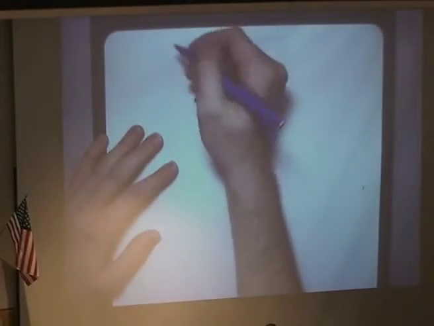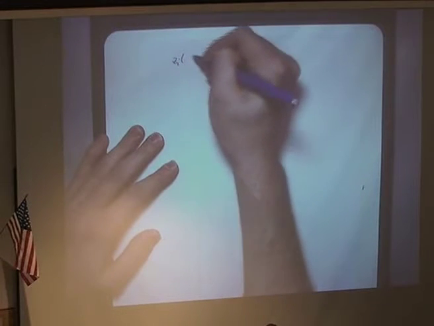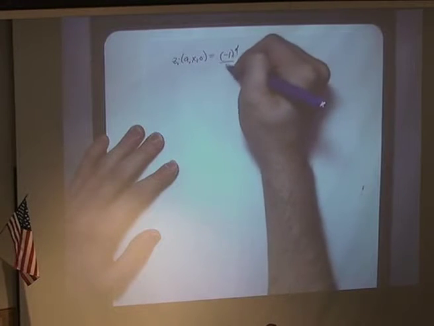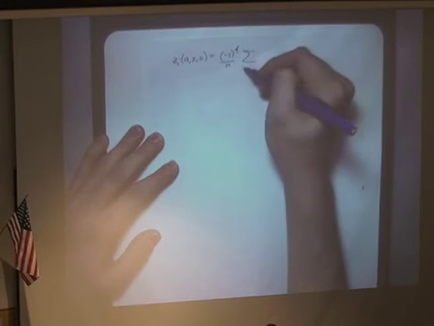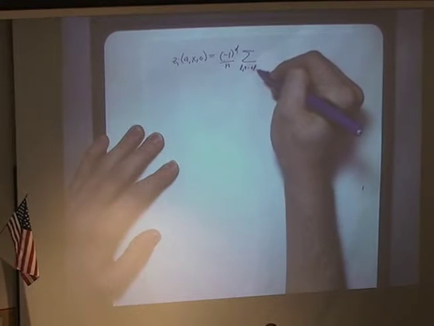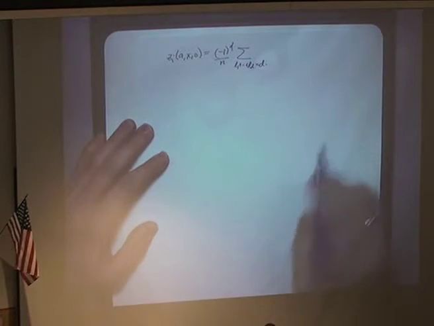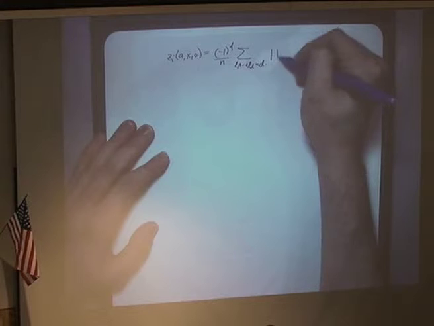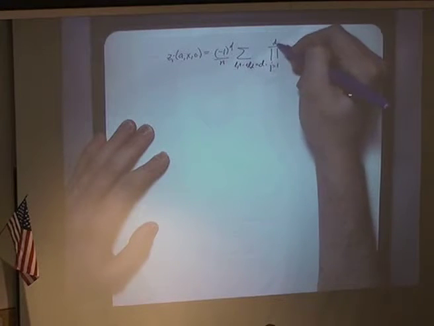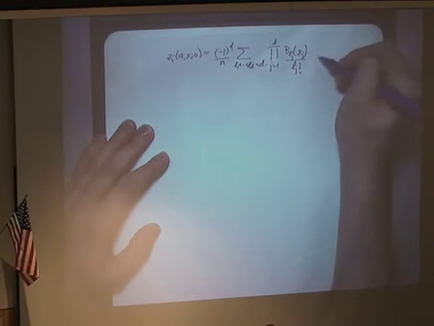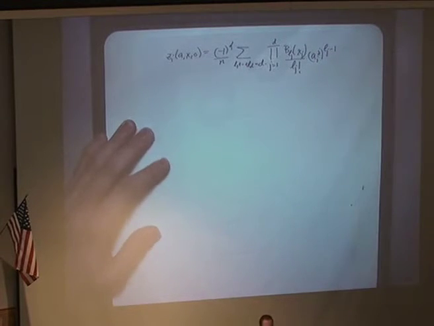And what we get is that zi of A, x, 0 is minus 1 to the d divided by n times the sum over partitions of the integer n into non-negative parts of the product as j goes from 1 to d of B_lj of xj divided by lj factorial times aij to the lj minus 1. So this is what you get at the end of the day.